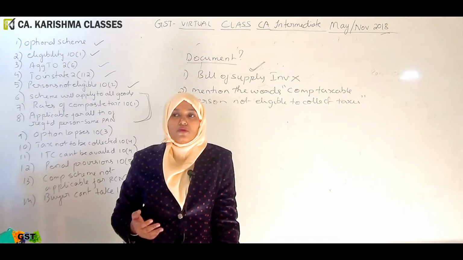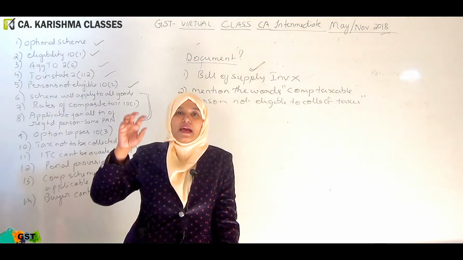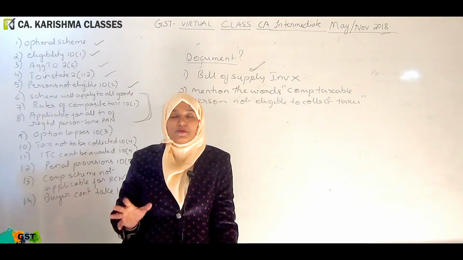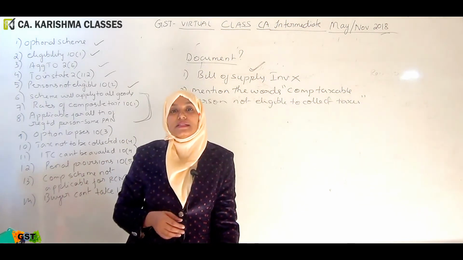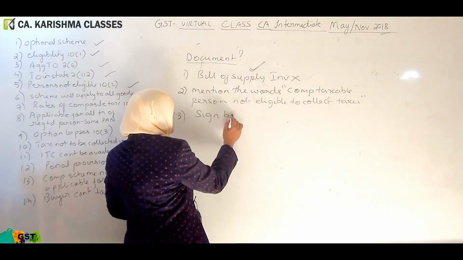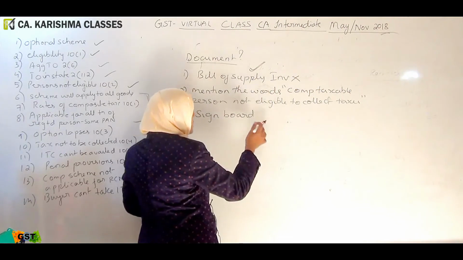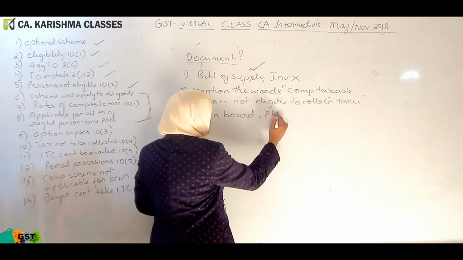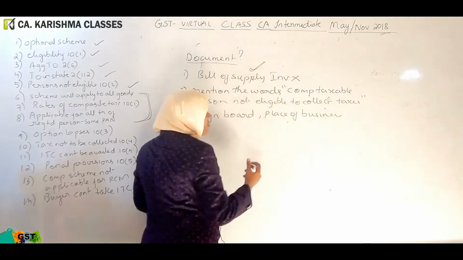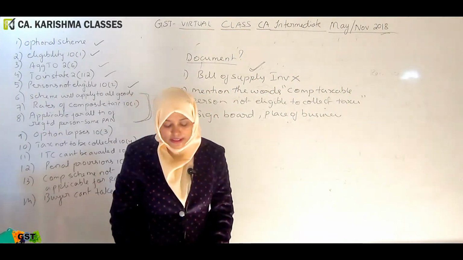Next important word is, tomorrow the team might be coming to inspect you. Your place of business should have an identification that you're a composition taxable person. So they are insisting that on the signboard or the name board that you're using at your place of business, it should also mention that you're a composition taxable person.